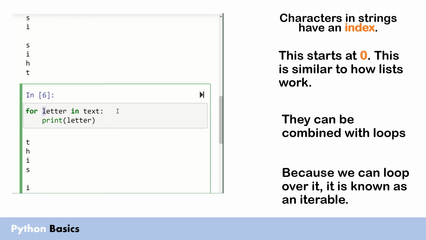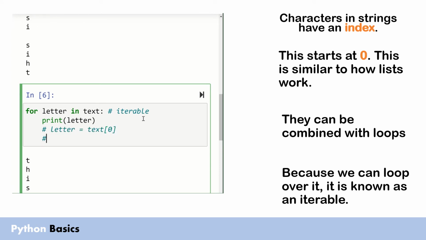This is using something inside Python known as an iterable. Because it's a string, I can go over each individual letter. It's known as an iterable. What this will do is say, okay, the first time it loops, the letter becomes the first letter inside that iterable. So effectively, it's the same as going letter equals text 0.